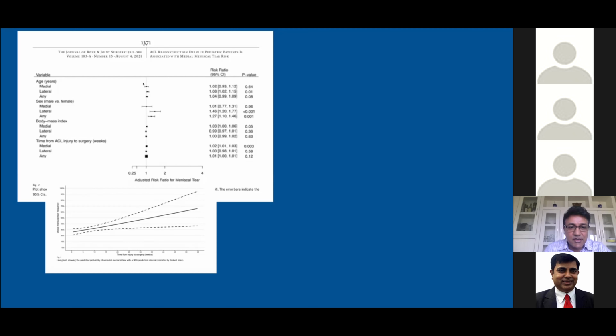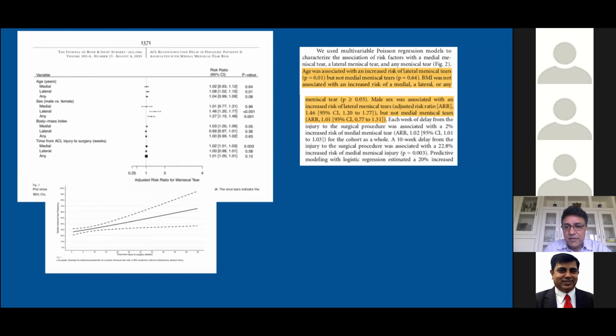For sex, male versus female in medial, there's no difference. But in lateral meniscal injury, males predominantly have lateral meniscal injury more than females. These are things that you see in your result, and this is the interpretation of the result.